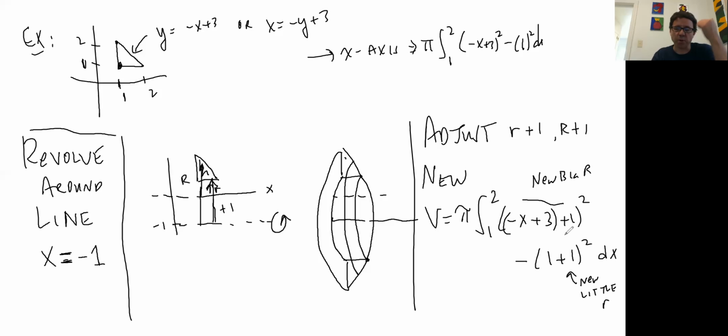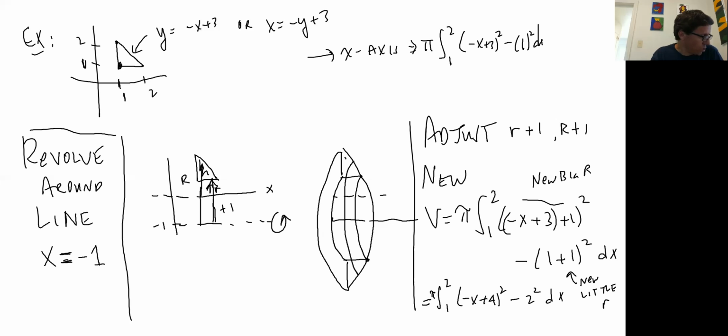I just jacked both of them up by 1 unit, and then I get that integral instead. So that looks like the integral from 1 to 2 of pi, and then it'll be negative x. I can combine those to get 4 squared, and then minus 2 squared.